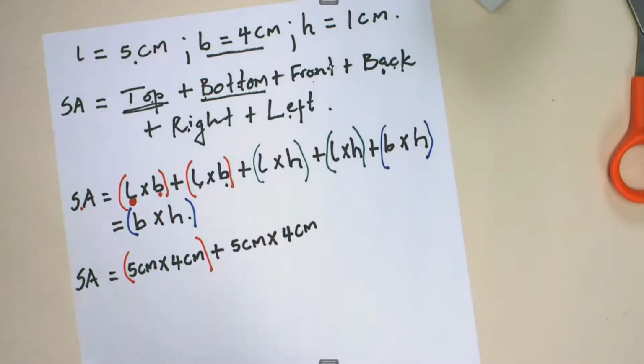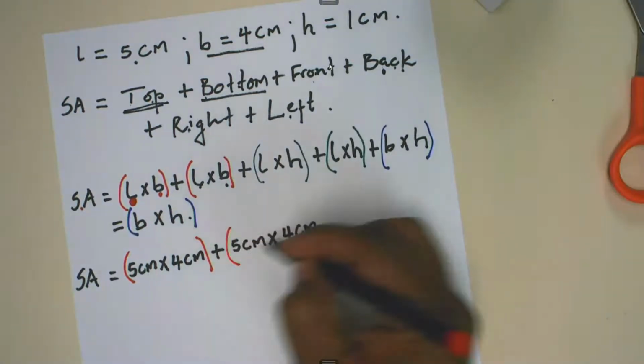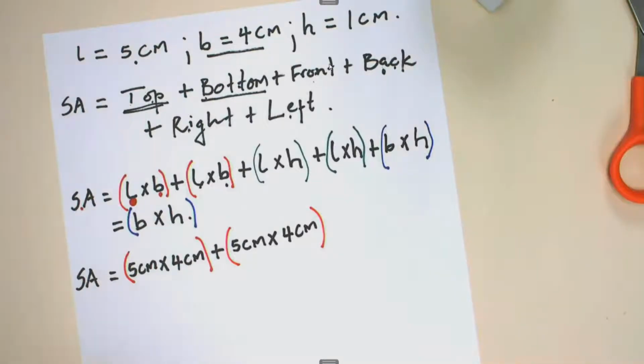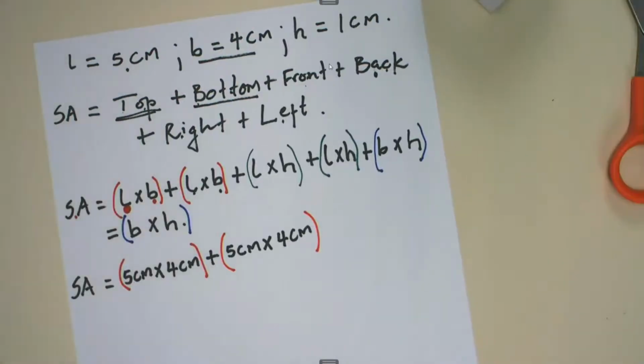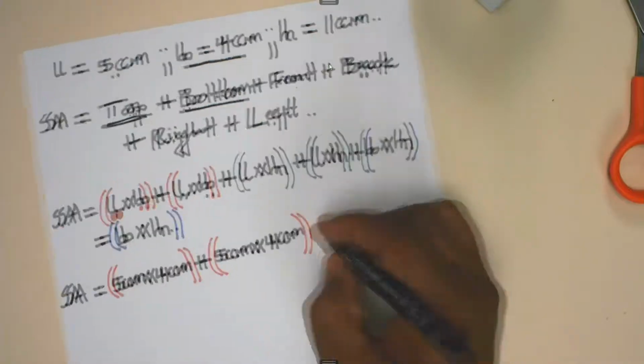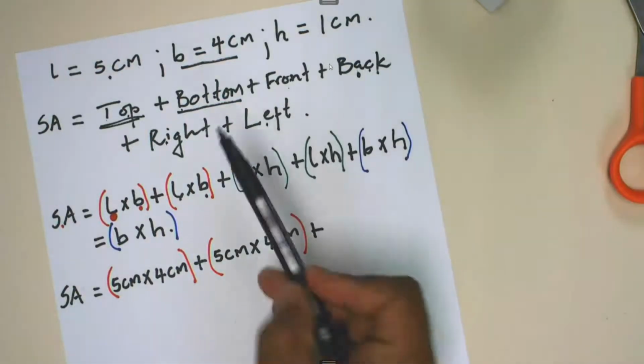And therefore, we can now say, all right, this will be the bottom part. I'm just putting them with the same color in terms of the brackets, so that we know that they are the identical parts. That is the bottom and the top part. Then we say, okay, plus. Now we go to the front.